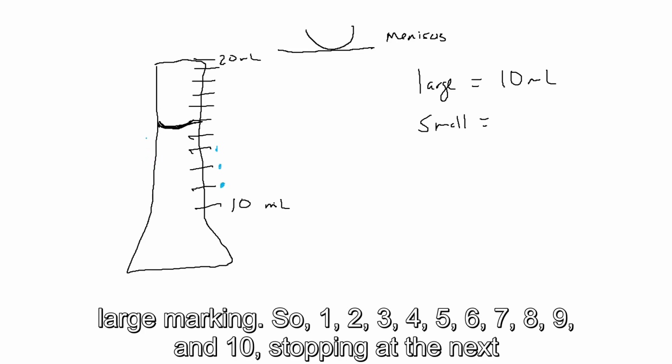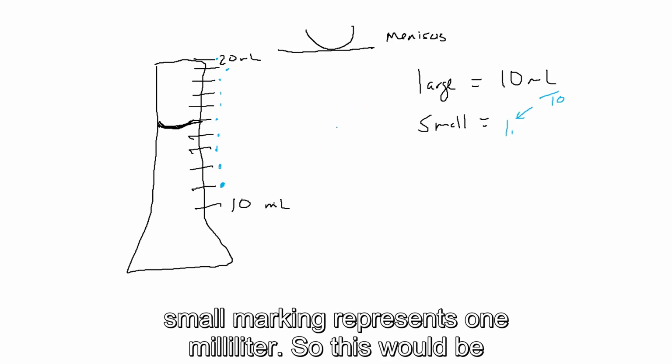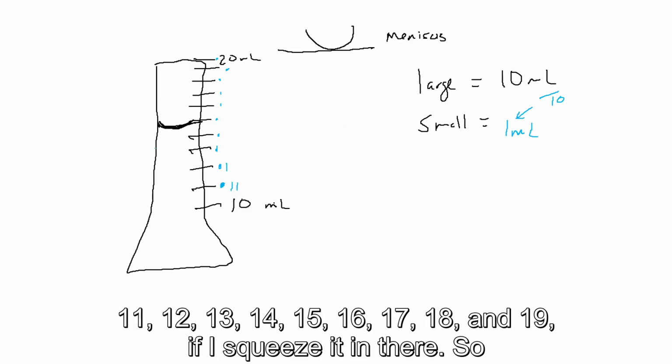So 1, 2, 3, 4, 5, 6, 7, 8, 9, and 10, stopping at the next large marking. So once again, 10 divided by 10 gives us that each small marking represents 1 milliliter. So this would be 11, 12, 13, 14, 15, 16, 17, 18, and 19 if I squeeze it in there.